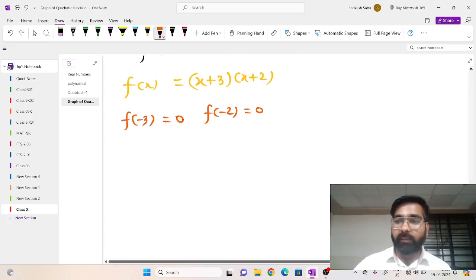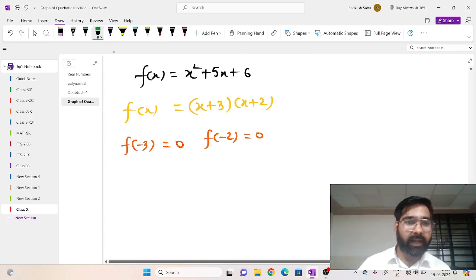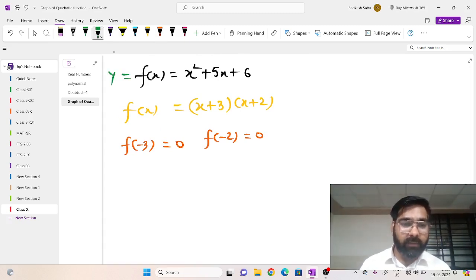Here we can replace f(x) by y, so it works as an ordered pair. So if we replace x by minus 3, we get the ordered pair minus 3 comma 0, and if we replace x by minus 2, we get another ordered pair, minus 2 comma 0.